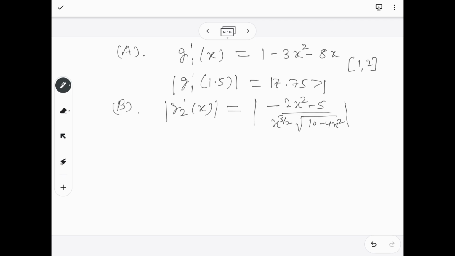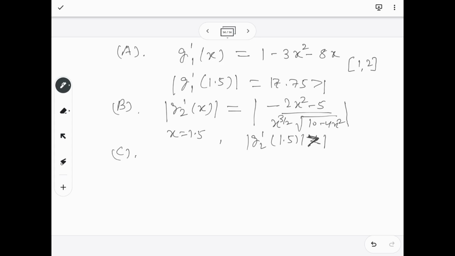And so at x equal to 1.5, this g2 prime at 1.5 is greater than 1. Remember, we are taking here the absolute value. So this comes out to be greater than 1. That is what we need to remember always.